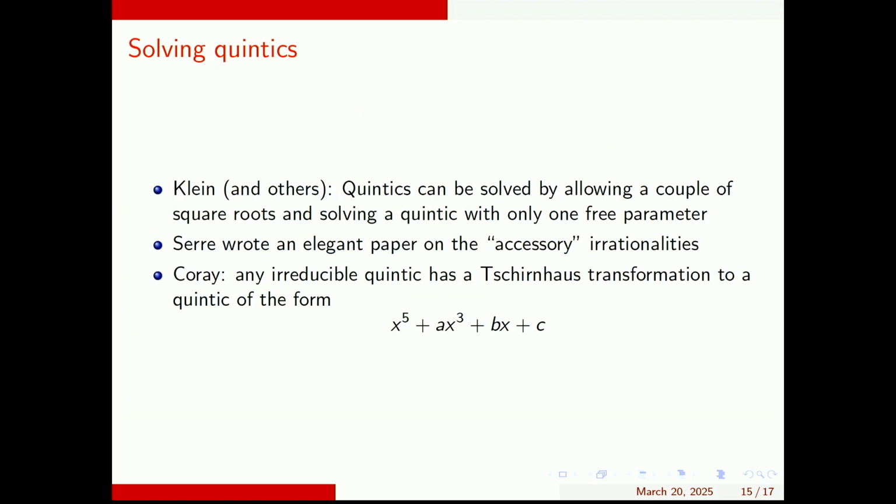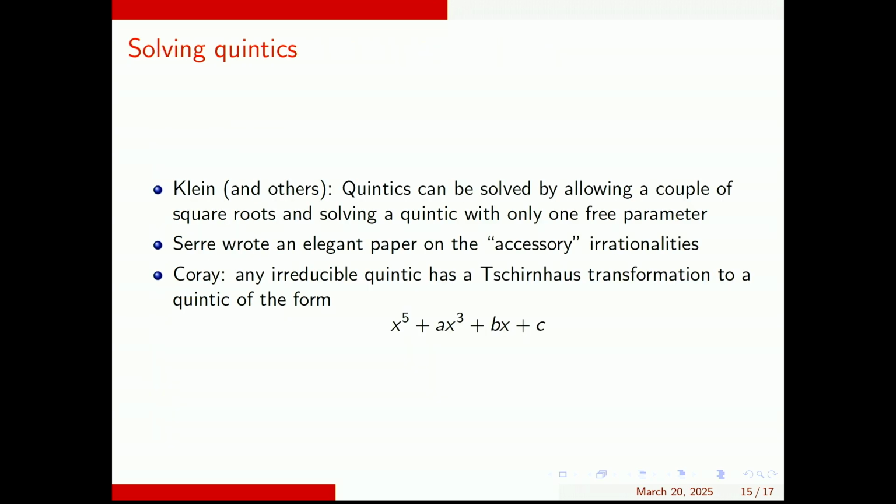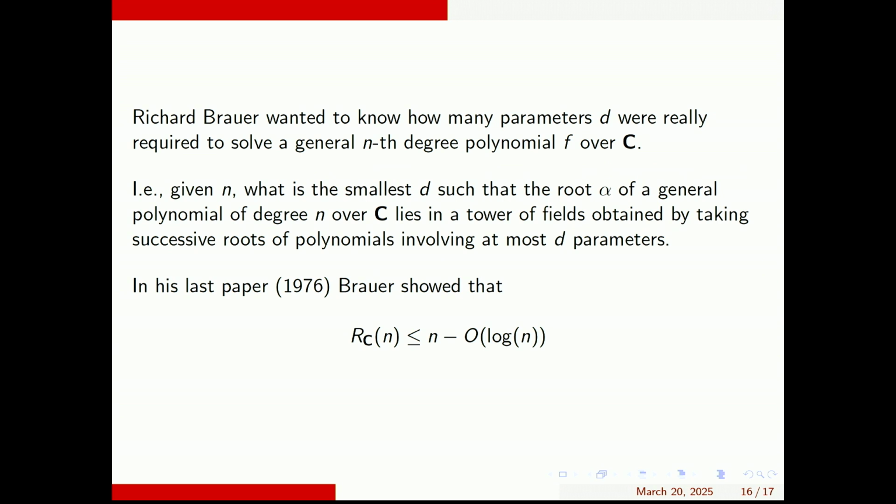Klein's form is 2 parameters, but only one, you get it in one shot. Can you do better than that? Well, the resolvent degree, it really seems like a tough question.